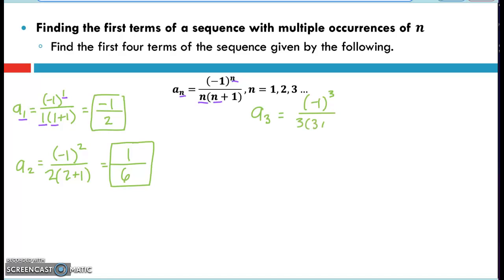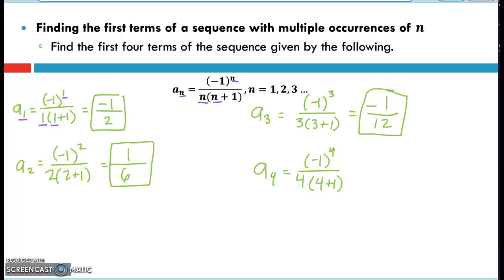So a sub 3 will look like this, but when we simplify, we're going to get a -1 on the top, and then we get 3 times 4 on the bottom, which is 12. There's our third term.